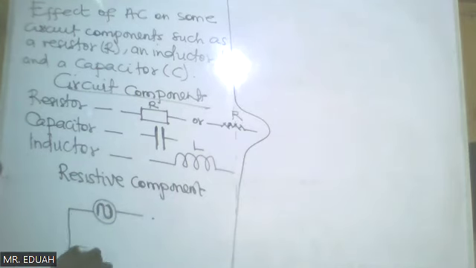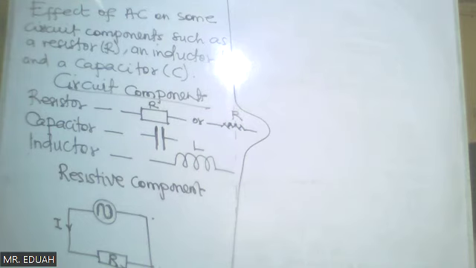When this is connected to a resistor R, what happens? Of course, current I flows.